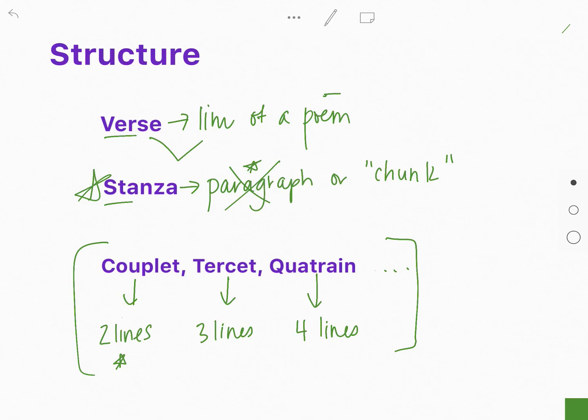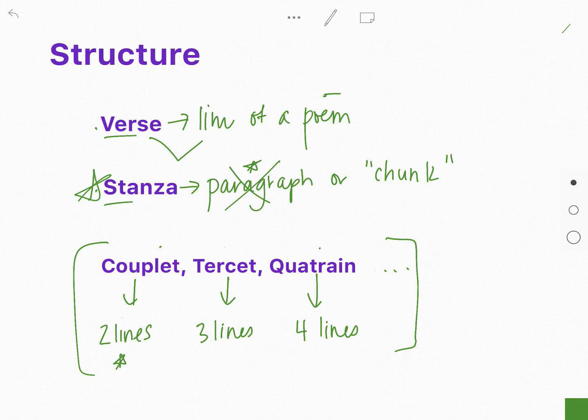So this is just kind of like the basic language of structure for poetry. And like I said, the biggest thing is to know that a line is a verse, a paragraph or chunk is a stanza, and that when they're using words like couplet, tercet, and quatrain, they're talking about consecutive lines, obviously with a couplet being 2, tercet 3, and quatrain 4.